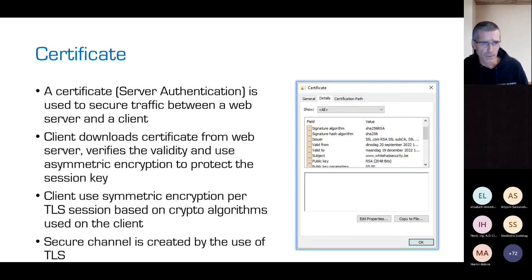Now, before they agree on the symmetric algorithm that they will use in the TLS session, the client will send some information about the algorithms that the client supports. More on that in the next slide. And then finally, the secure channel is created between the client and the web server by using TLS, known as transport layer security.